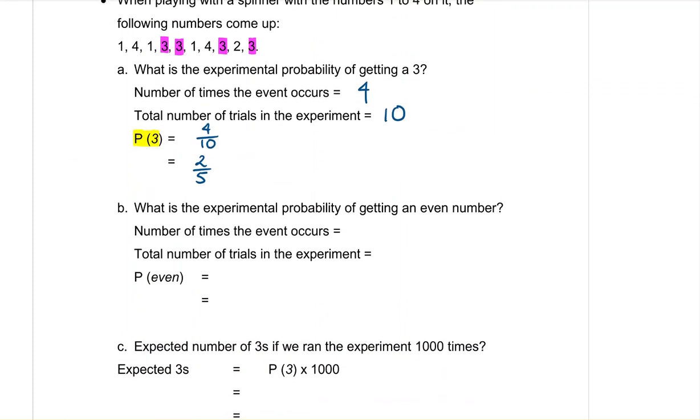What is the experimental probability of getting an even number? That's still talking about the same list of numbers up there. I want to know how many times the event occurs. The event is for even numbers. So I go through and I count up my even numbers. 1 there, the 4 is even, another 4, and the 2 is even.